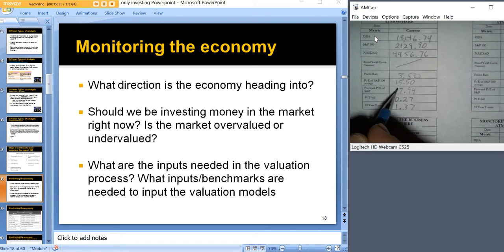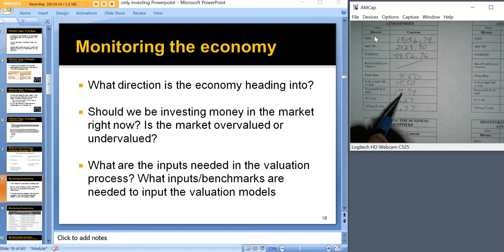The next pieces of information we need start getting into this thing called investing. And the first is, what's been the average P/E ratio of the S&P 500 throughout the last 70 years? And the answer is it's somewhere around 15.5. The next thing we look at is the forward P/E ratio of the S&P 500, and that's 17.94.